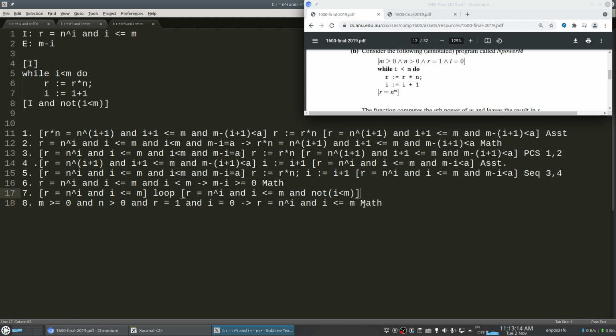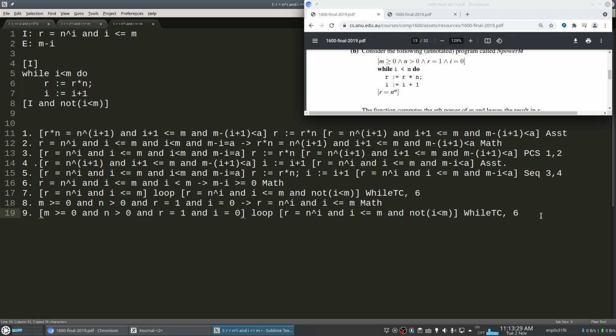That's true by math. And I forgot to put a rule here. That's while total correctness, line 6. Okay, so because this is true, I can strengthen my precondition, do a switcheroo. So that's true by precondition strengthening, lines 7 and 8.